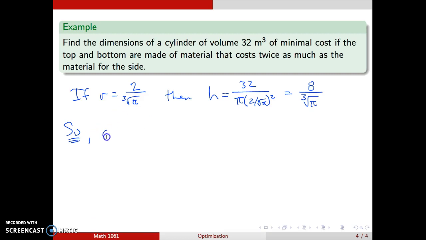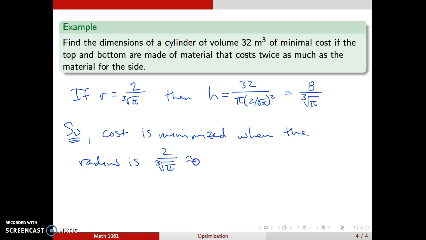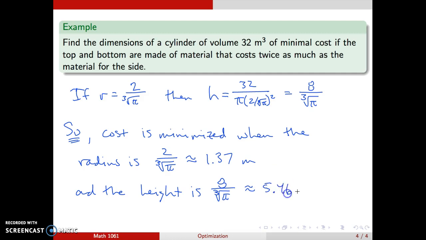So cost is minimized when the radius is 2 over cube root of pi, which is about 1.37 meters, and the height is 8 over cube root of pi, which is about 5.46. And we're done.